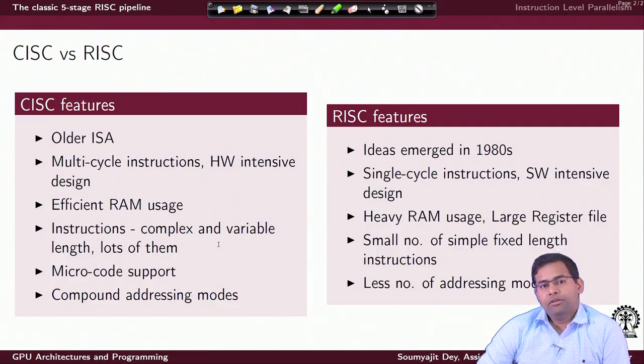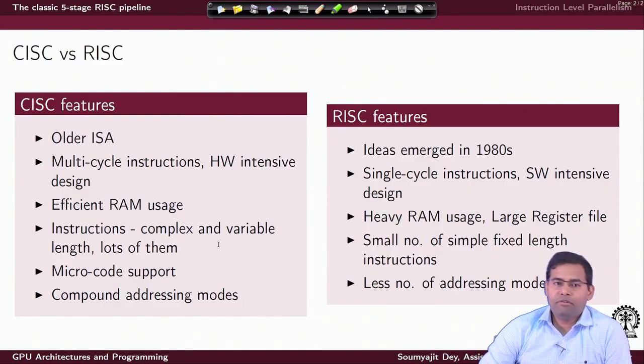Another important thing is, in CISC the instructions are complex, they are multi-cycle, which also means the number of cycles required for executing each of the instructions may vary. Whereas, as we have discussed, in RISC all the instructions are single cycle.